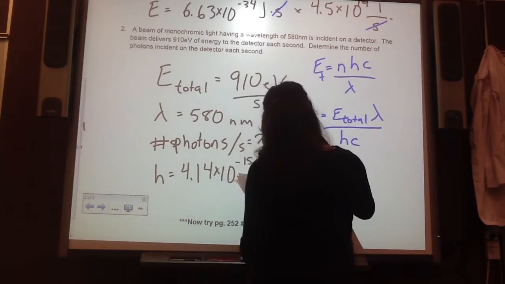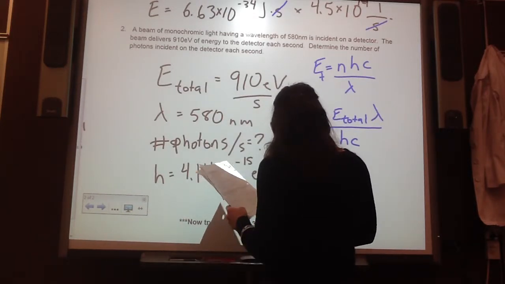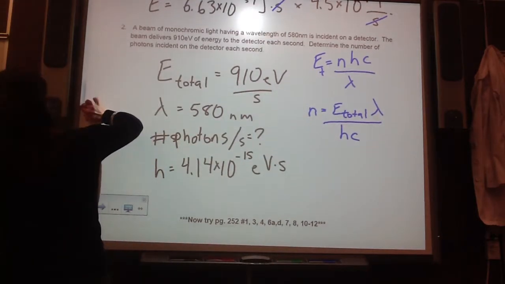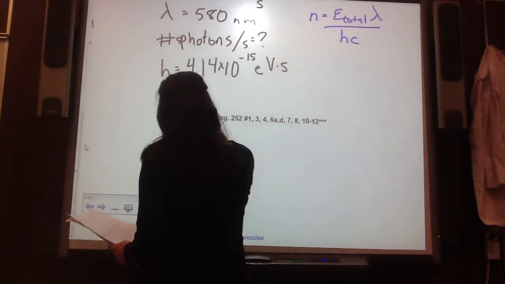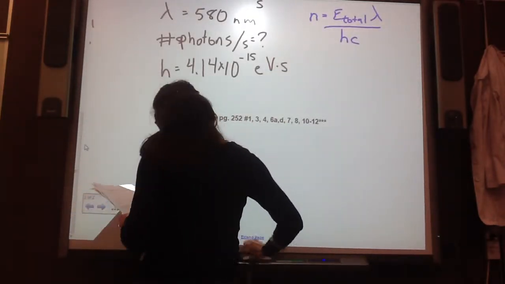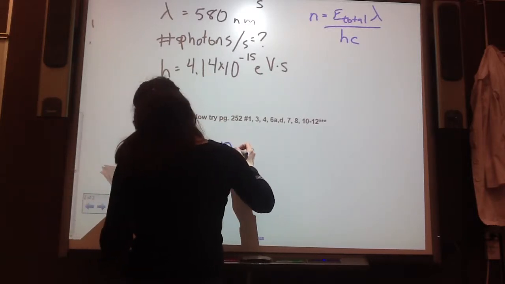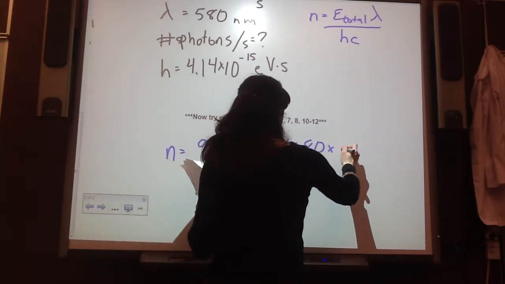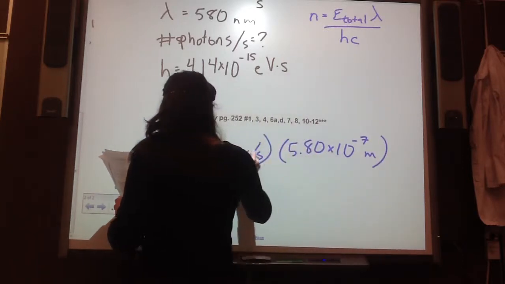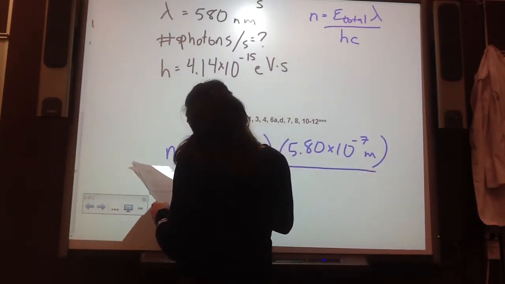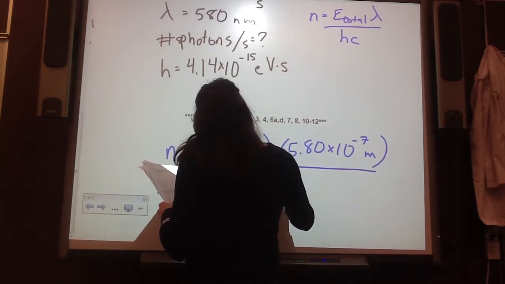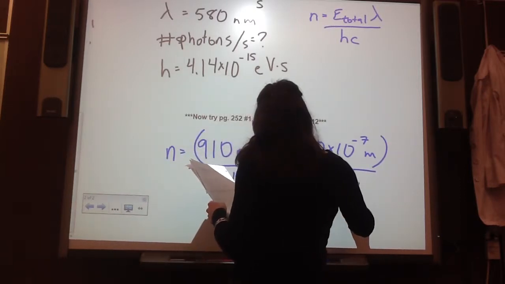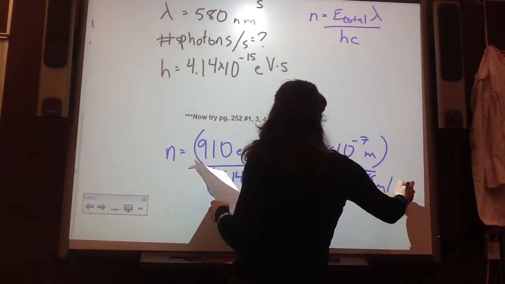So now N is equal to 910 eV per second times 5.80 times 10 to the negative 7 meters divided by 4.14 times 10 to the negative 15 eV seconds multiplied by 3.0 times 10 to the 8 meters per second.